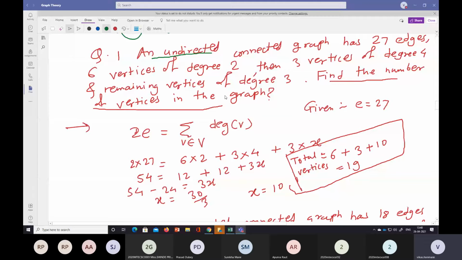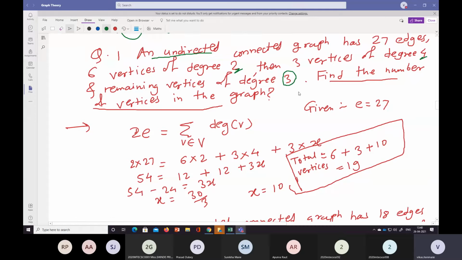Here we can also verify the second theorem: an even number of vertices have odd degree. The 6 vertices of degree 2 are not of interest, and the 3 vertices of degree 4 are also not of interest. The remaining vertices have degree 3, which is odd degree.